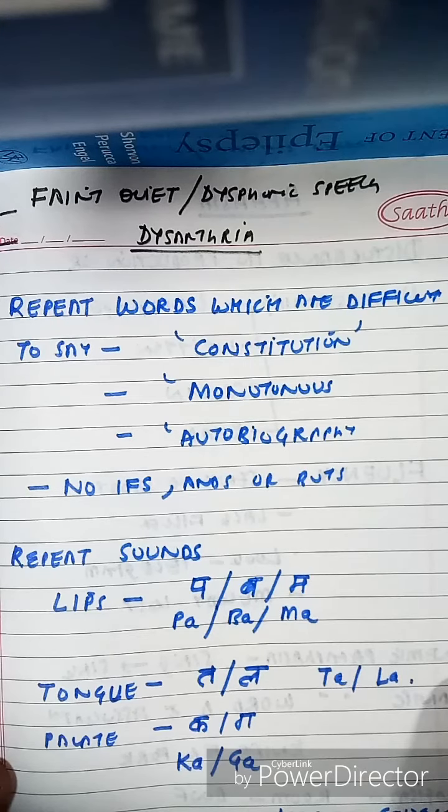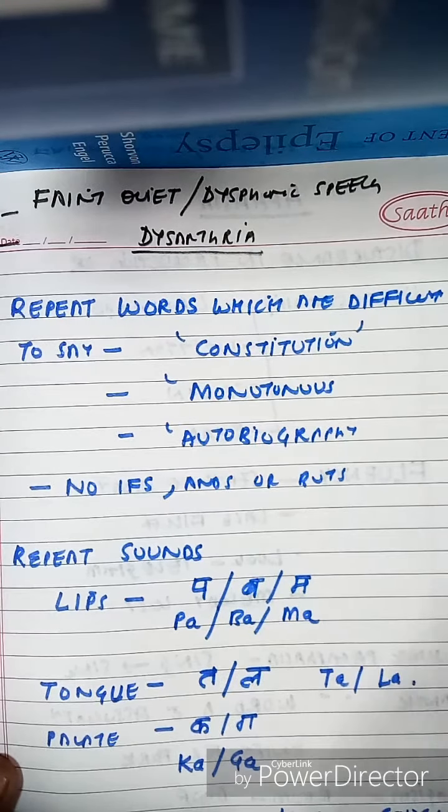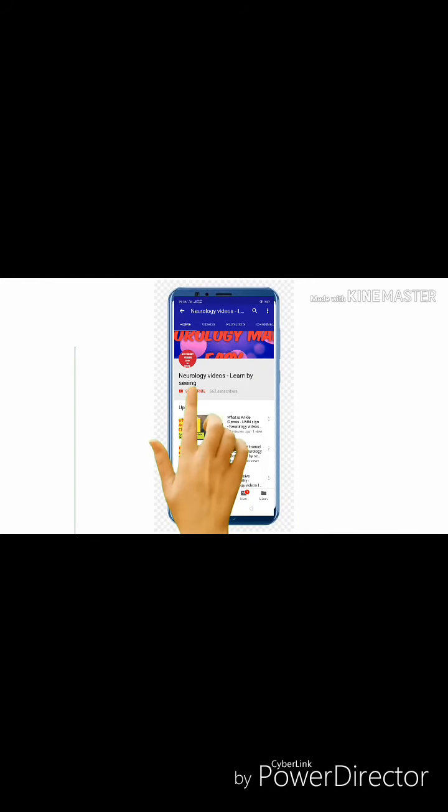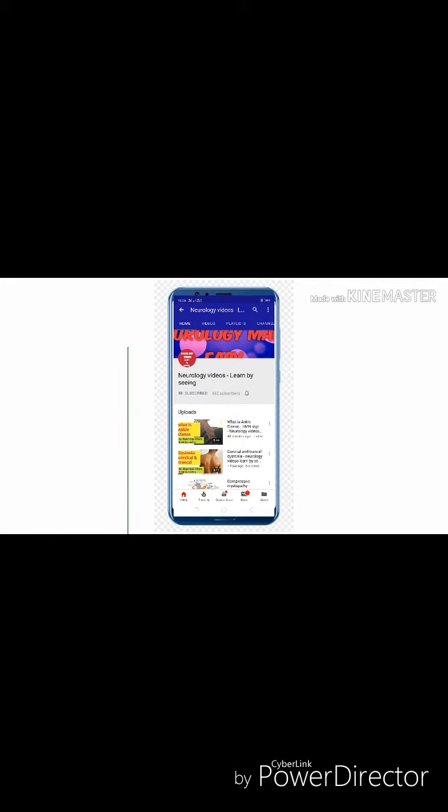You can also see what the gag reflex is, what the jaw jerk is. In cerebellar speech, cerebellar dysarthria, you can also see whether the melody and prosody are maintained or not.